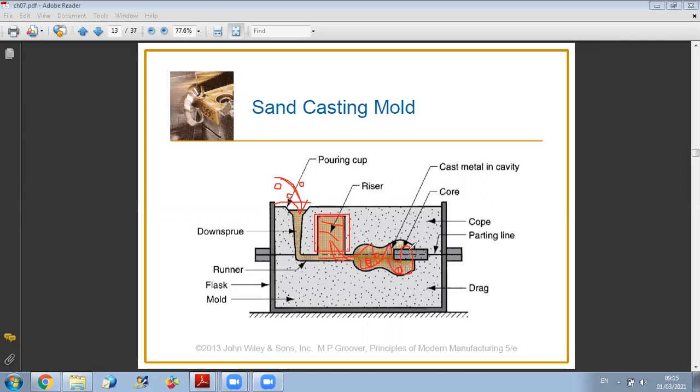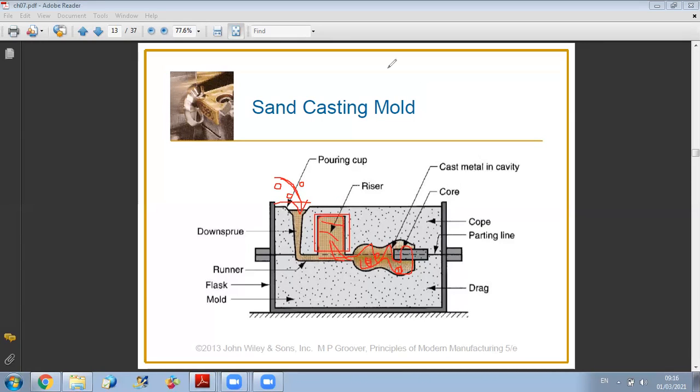Second, during solidification, we have what is called shrinkage. The shrinkage process is due to the following. In general, the density of solids is higher than the density of liquid. So for the same mass, when you transform from liquid to solid, you will have reduction in volume. This will lead to shrinkage of my system.